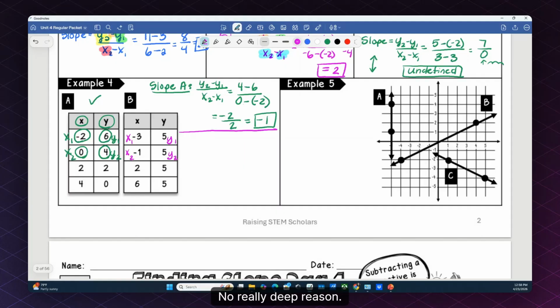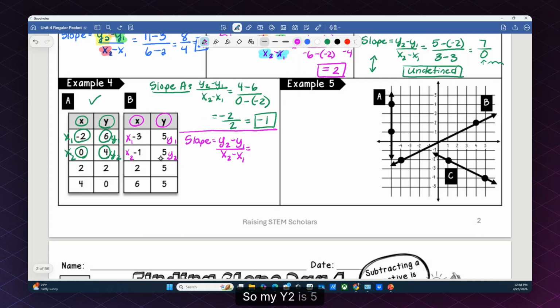No really deep reason. My x's are on this side, so I labeled x's on the left. My y's are on this side, so I labeled y's on the right. The first x was x1, the first y was y1. Okay, I'm going to do the same math, so slope is going to be y2 minus y1 divided by x2 minus x1.